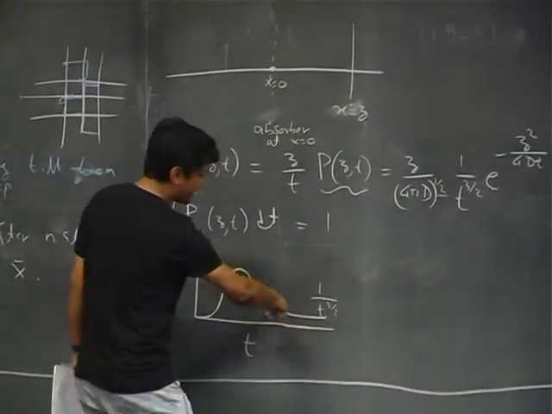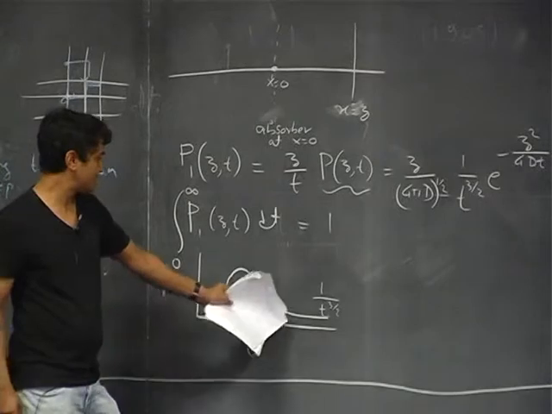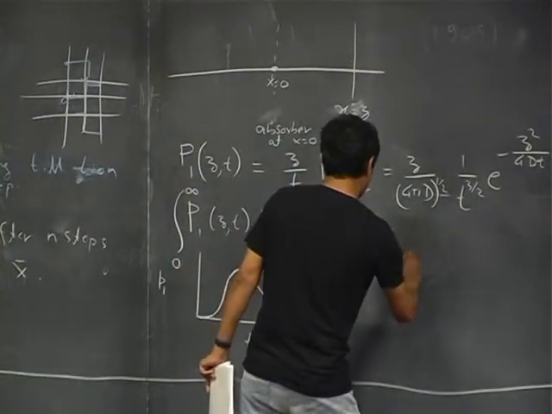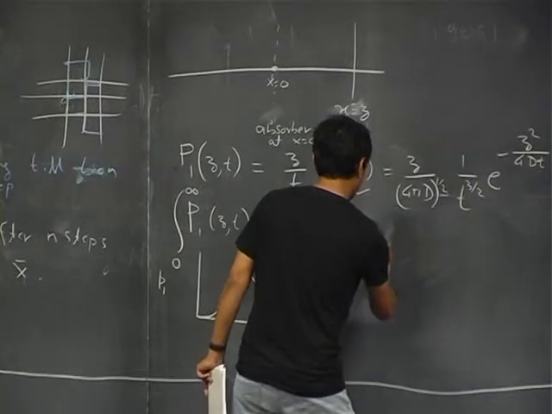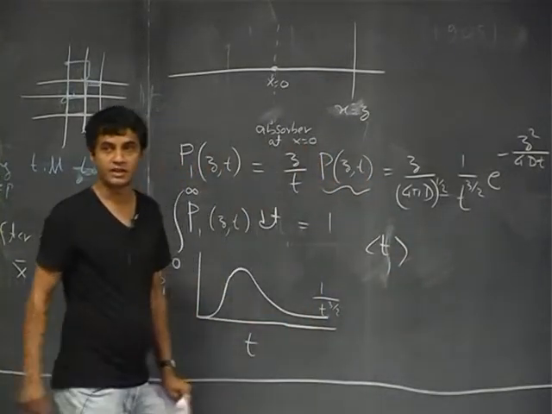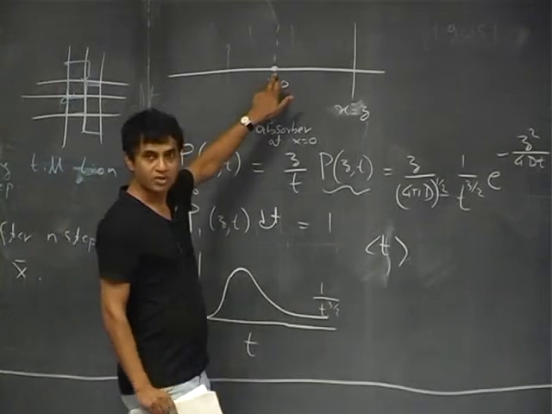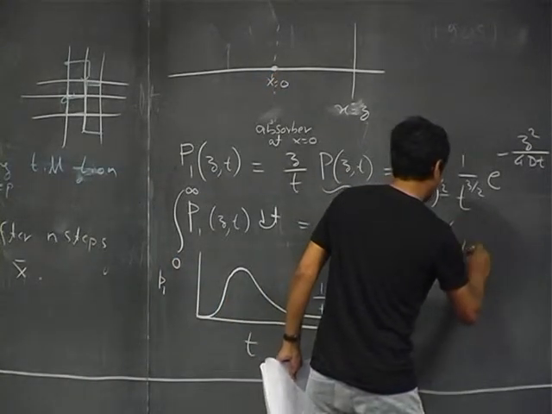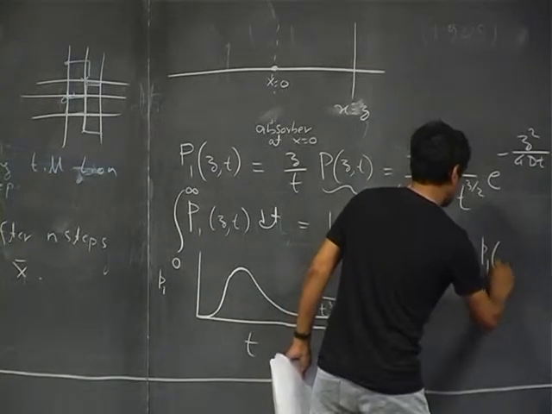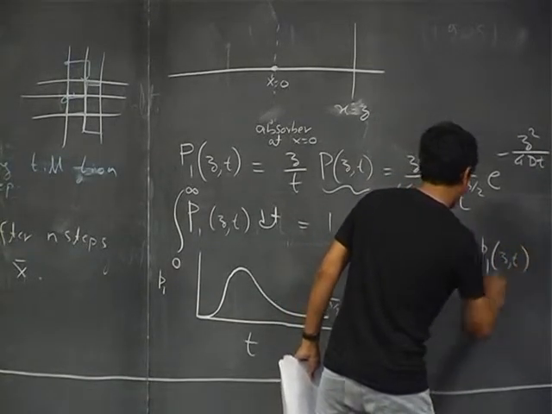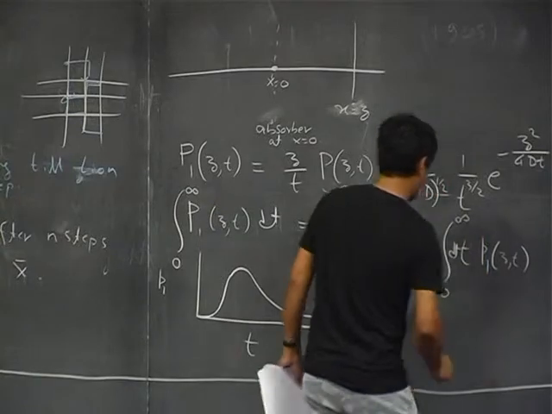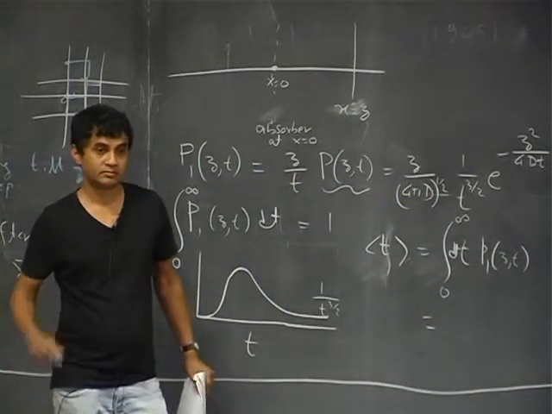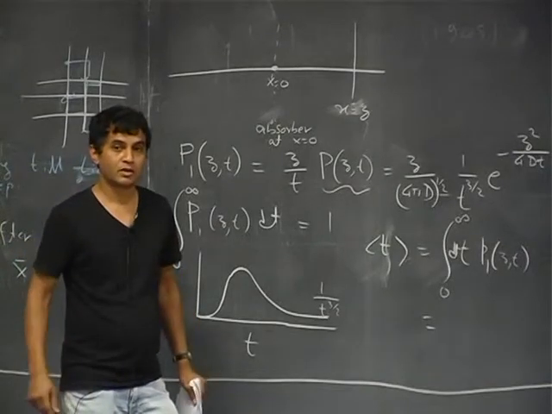Now, because of this slow decay, and because it's a power law decay, what is the mean time of getting absorbed here? It is the integral of t times this, dt.